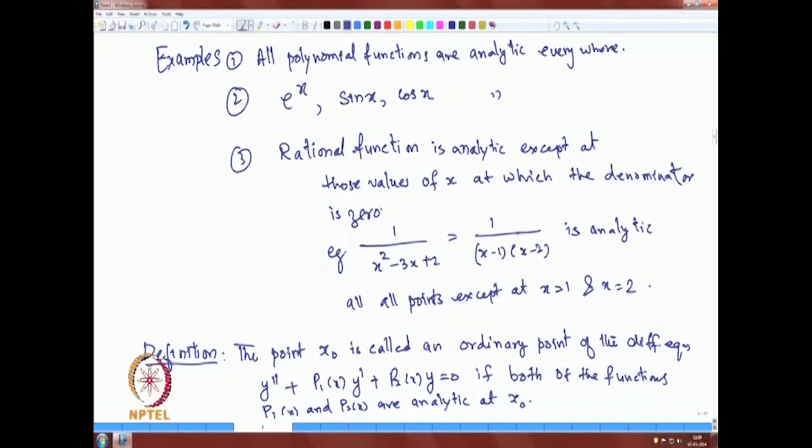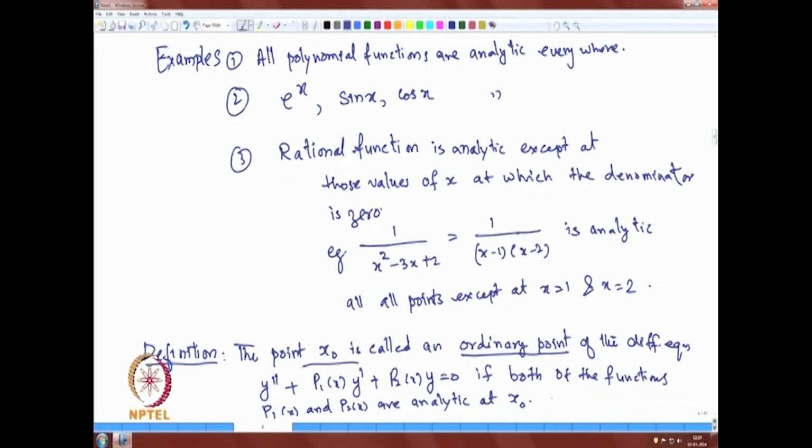A point x0 is said to be an ordinary point of the differential equation in the normal form if both of the functions p1(x) and p2(x) are analytic at x0.